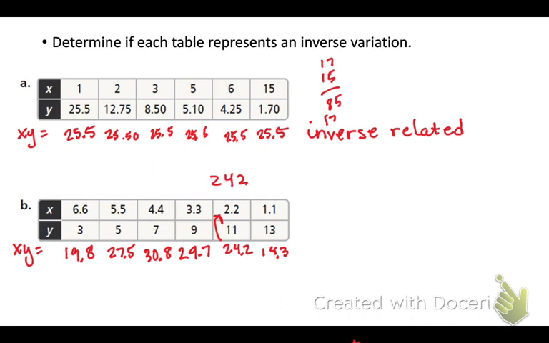Okay, so your trick for 11, you separate them and add them together. So 1 and 3 is 1, 4, 3. So is this one inversely related? No.